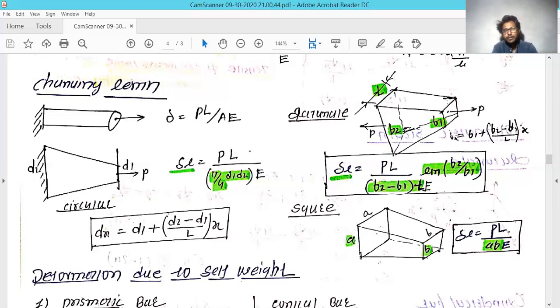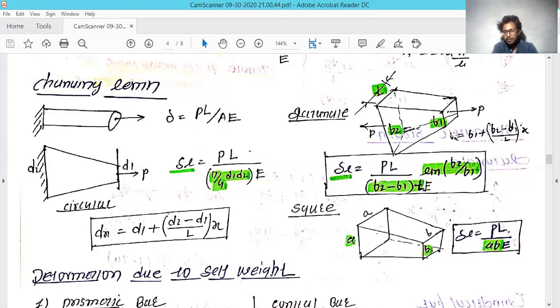Here I have taken this x distance from the d1 diameter toward d2, and the diameter at that point is denoted as dx. That is calculated as d1 plus (d2 minus d1) divided by the length of the object, multiplied by the x distance I have taken from the d1 position. This is how you can find the diameter of the varying cross section at any point between the two diameters.